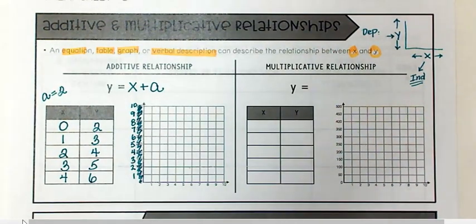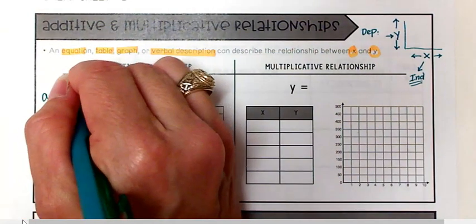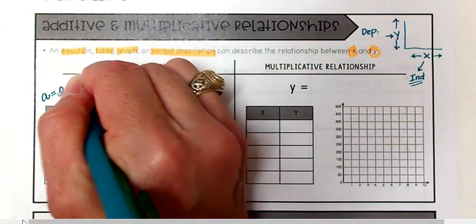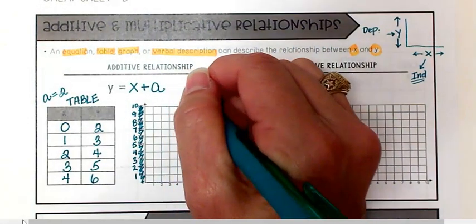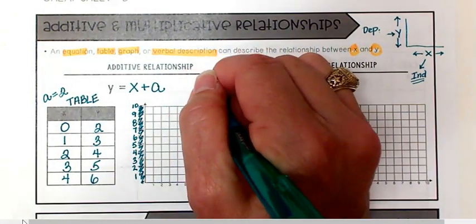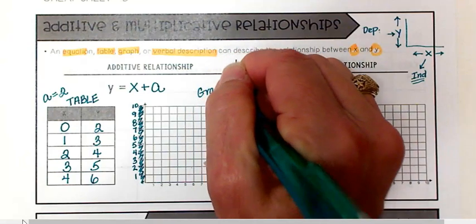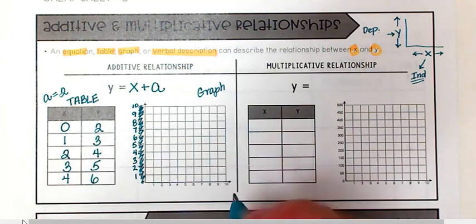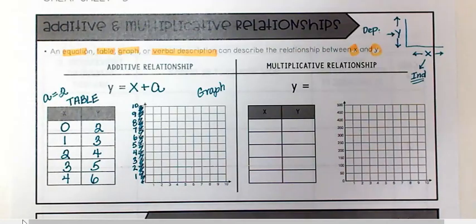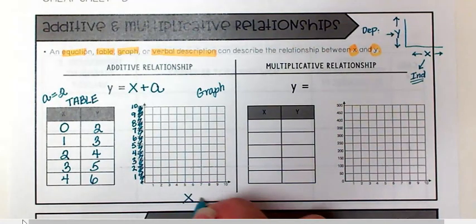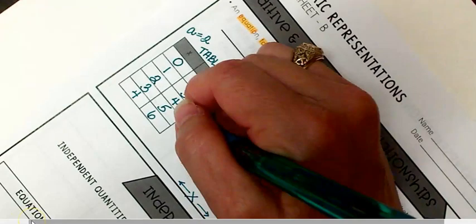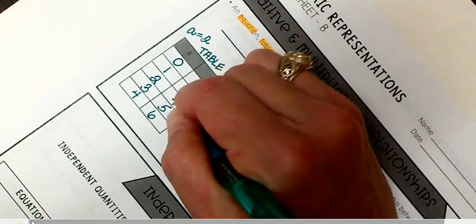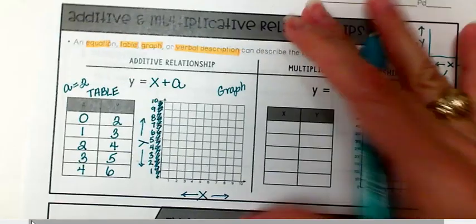Okay, so this is represented as a table. The information is represented here as a table. Here we're representing it as a graph. So I'm going to take the x and y values and plot them. Remember that x values are side to side or horizontal, and your y values are on the vertical axis, up and down.